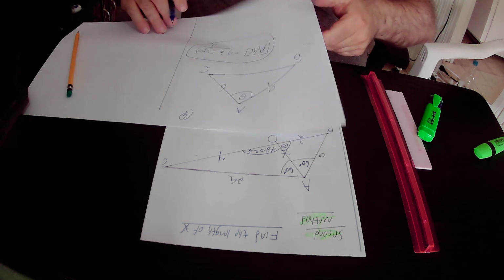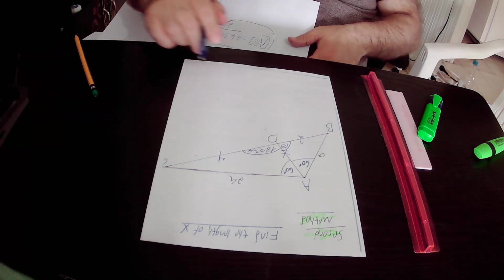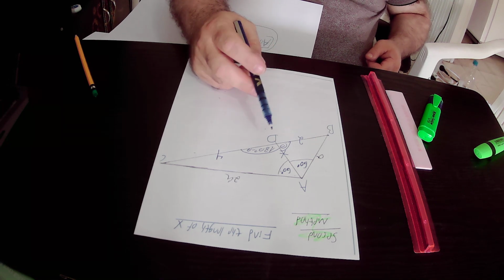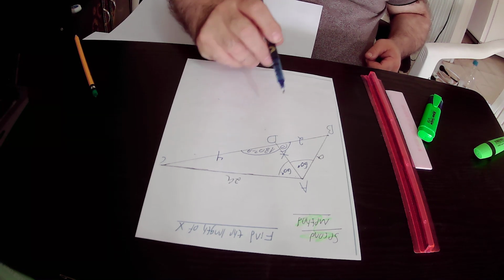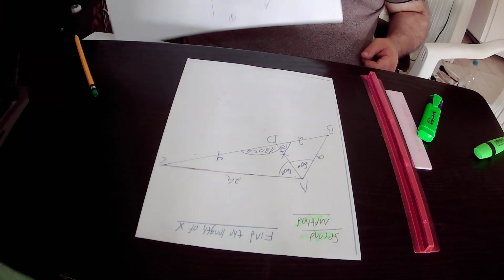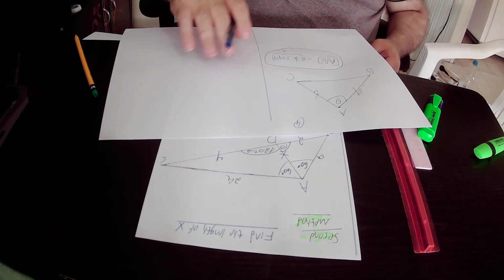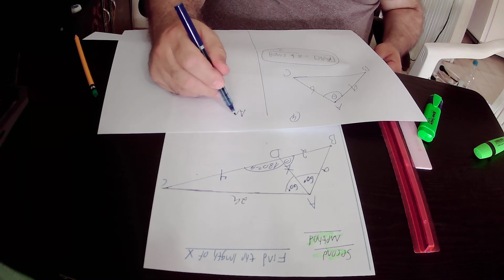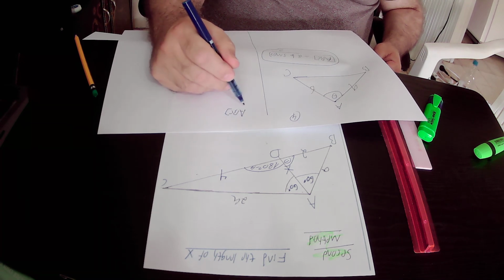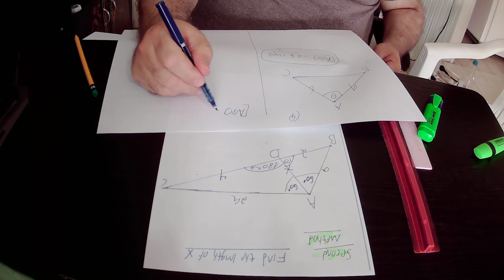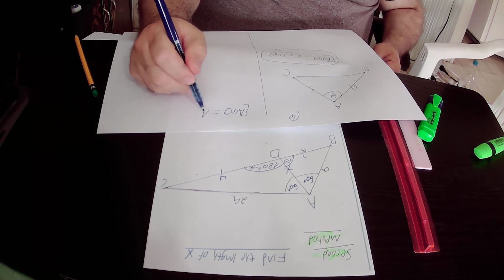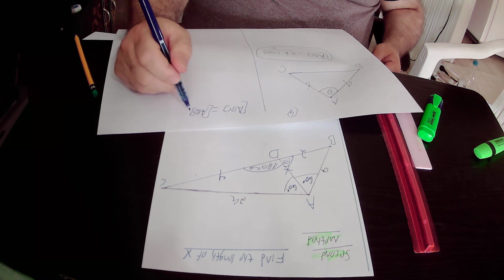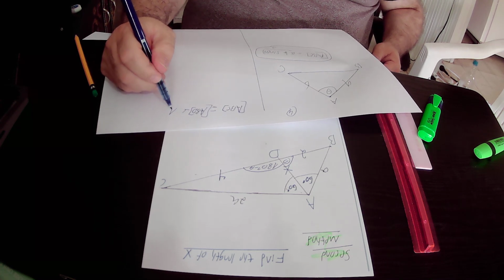In our drawing, we know that the area of triangle ABC equals the area of triangle ABD plus the area of triangle ADC. Okay, I'll write it down. The area of the big triangle ABC equals the area of triangle ABD plus the area of triangle ADC.